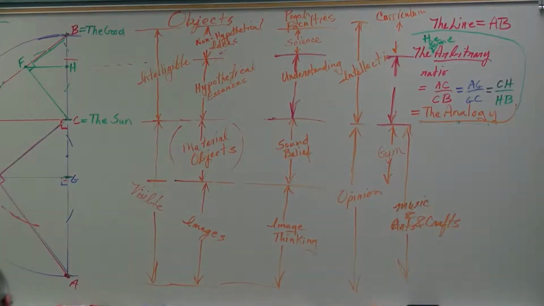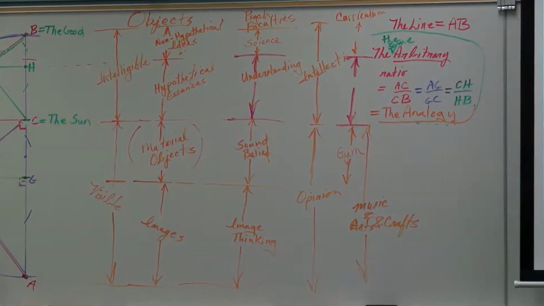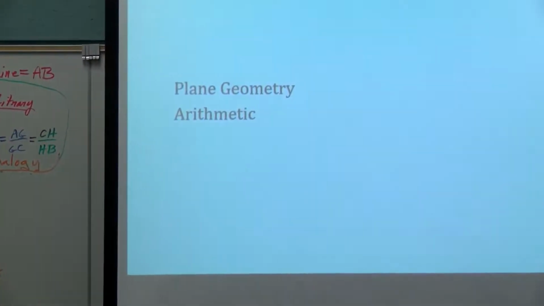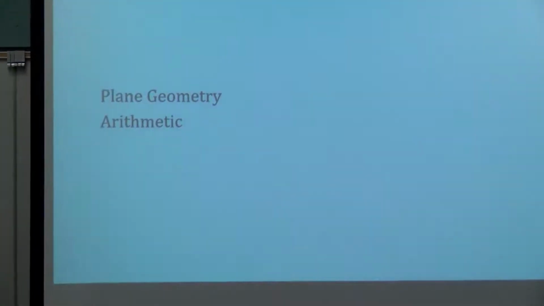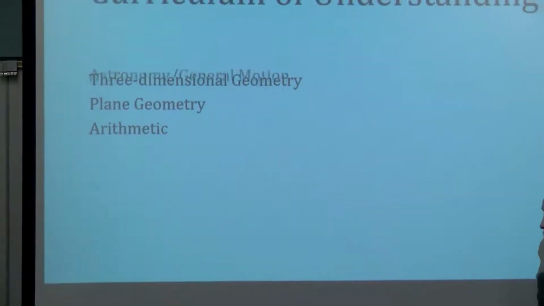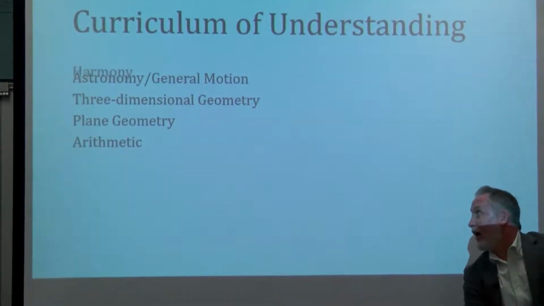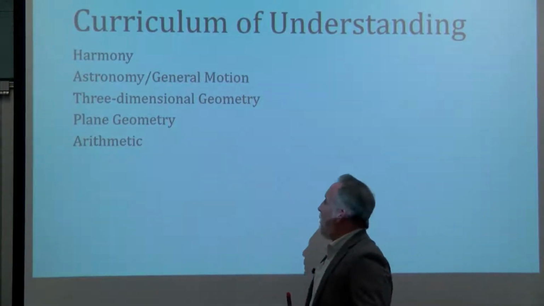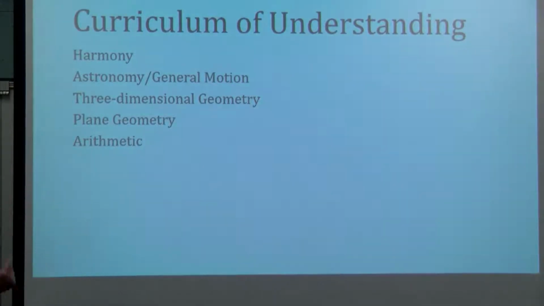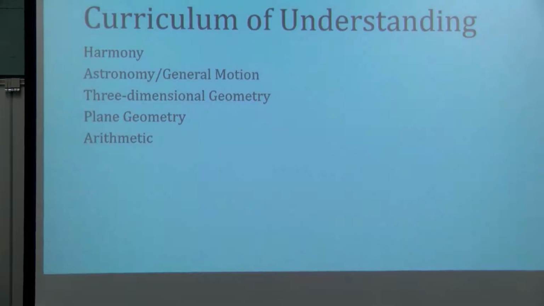Now, this is to get to your question about what we normally think of as science, right? And they go through these sorts of studies: arithmetic, plane geometry, three-dimensional geometry, astronomy, and harmony. And remember, this is 2,400 years ago. But you may recognize these from the medieval curriculum of the universities as what we call the quadrivium. But there's really five of them that they discuss in the Republic.